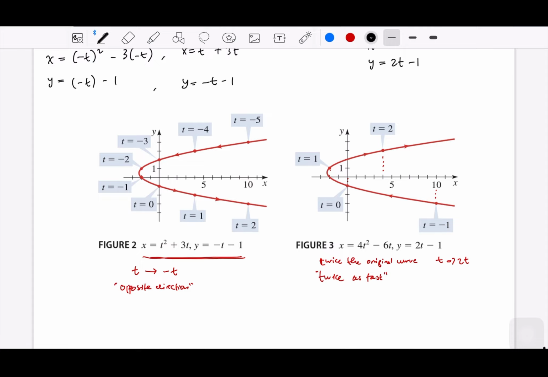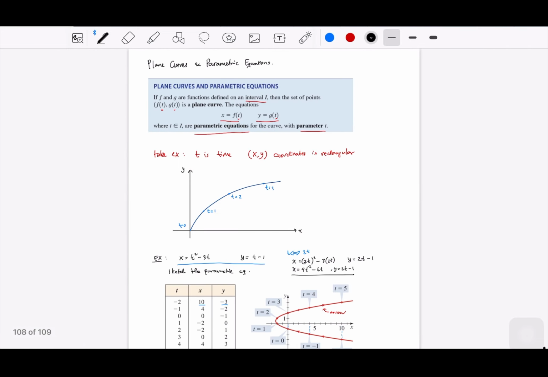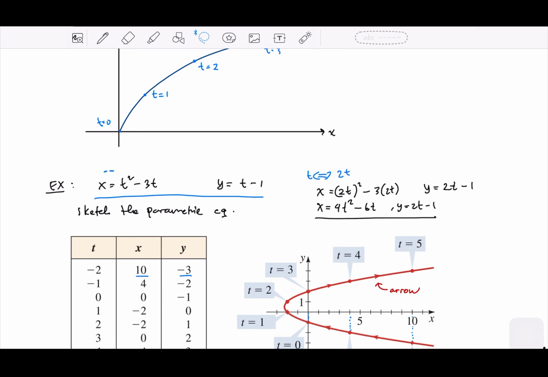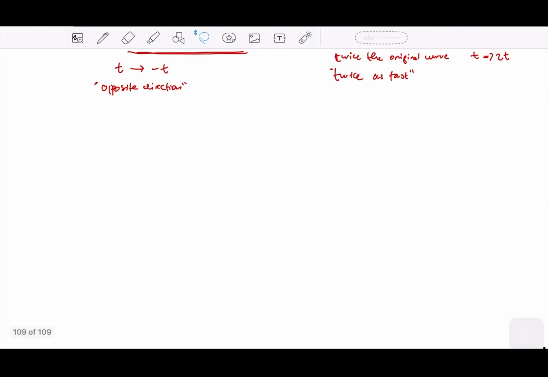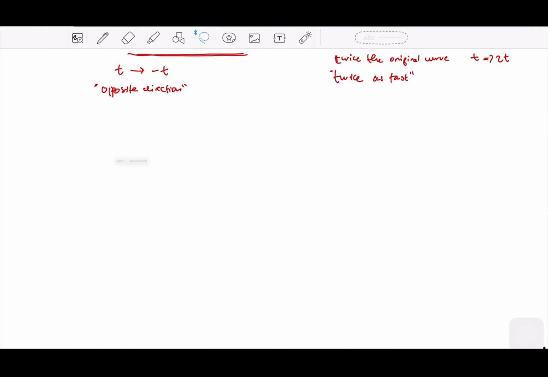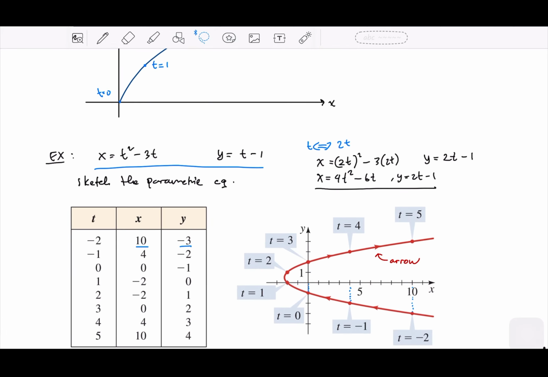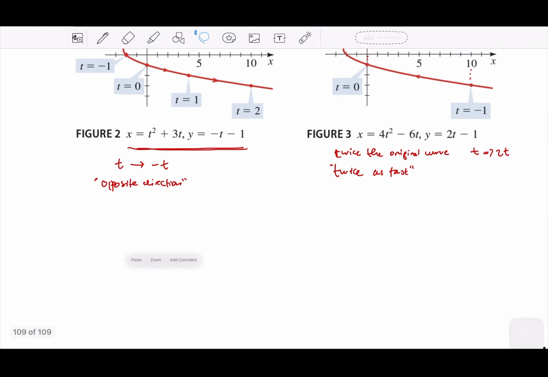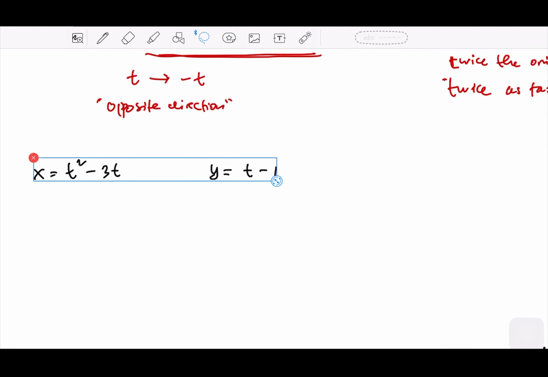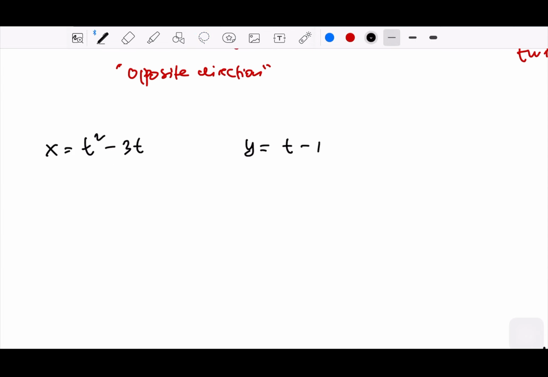Let me write again, or maybe give you a copy of the same functions, the same parametric equations.